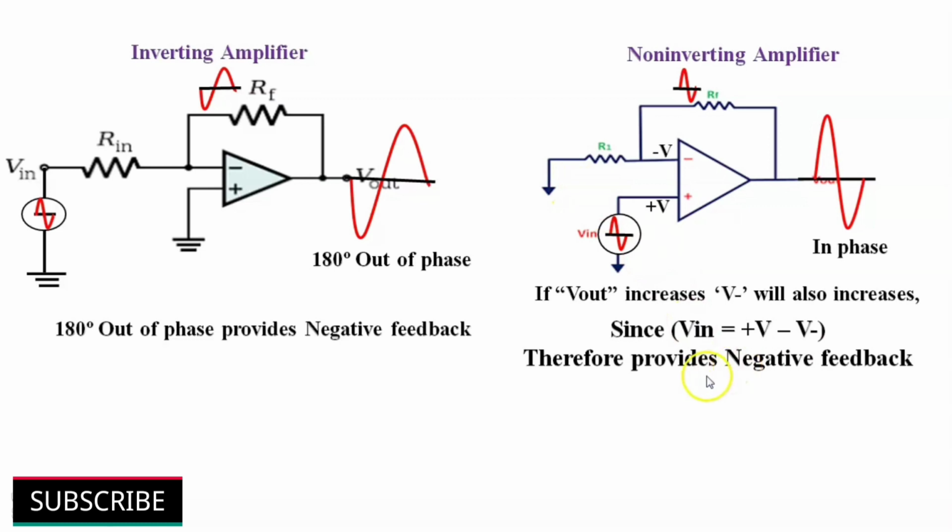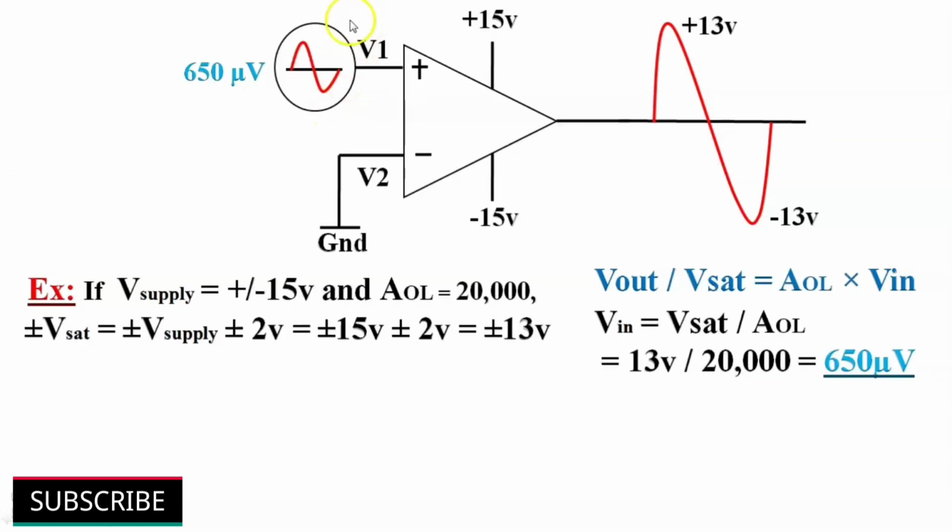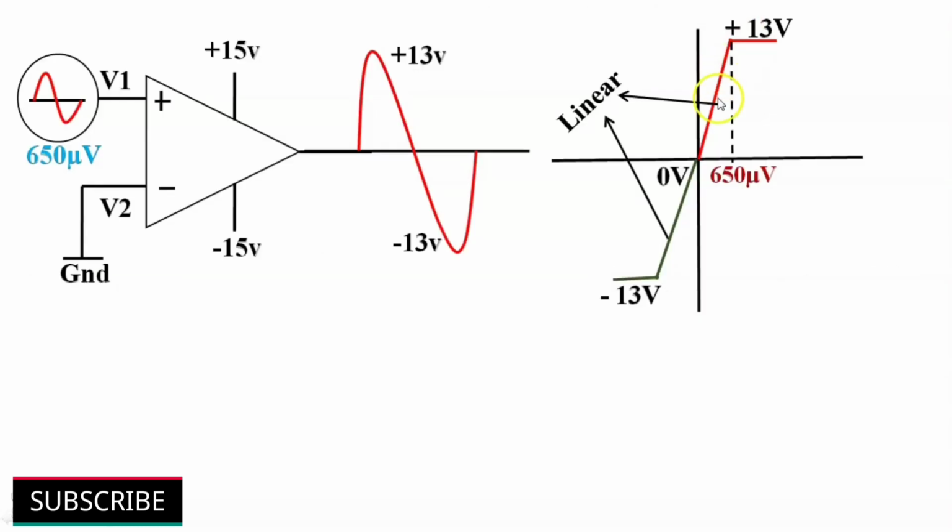Why is op-amp almost always operated with negative feedback? As I have explained in my earlier videos, the open loop voltage gain of op-amp is very high. So a small input signal like 650 microvolt will drive op-amp into saturation. So the linear relationship between op-amp's input and output signals will become very small or negligible.